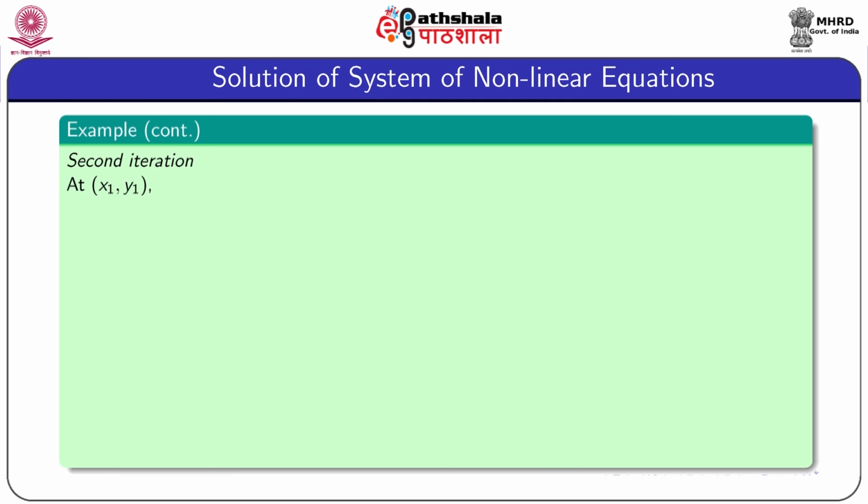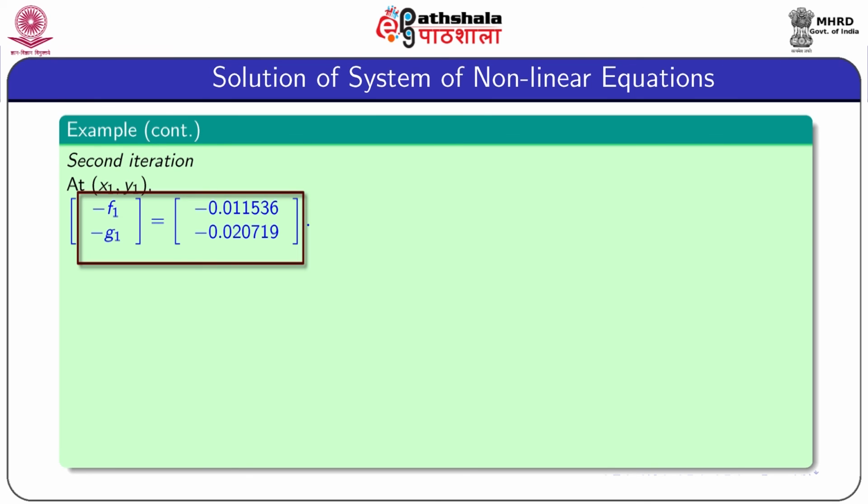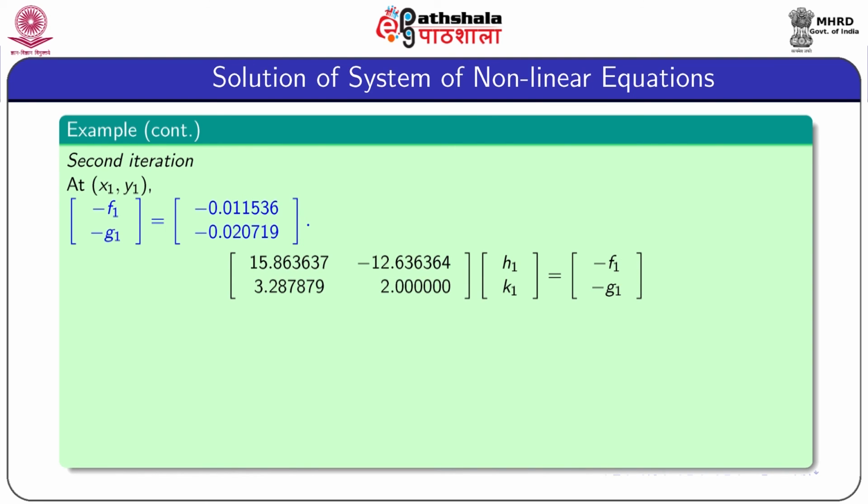Now, at the second iteration, that means at the point x1, y1, the value of −f1 is −0.011536 and the value of −g1 is −0.020719, and the matrix equation is this one, which contains a 2 by 2 coefficient matrix, the unknown vector h1, k1 and a known right hand vector, whose values are mentioned in the first line.